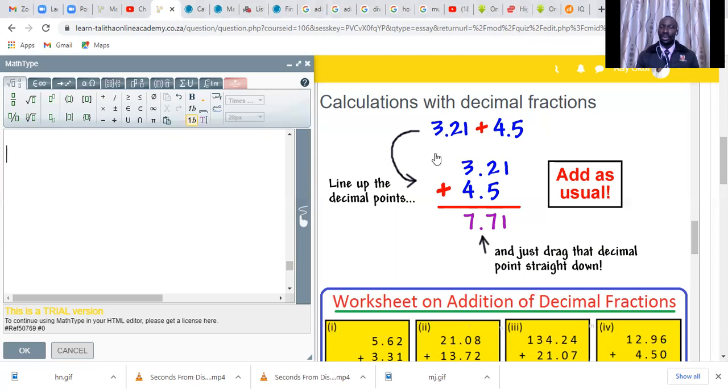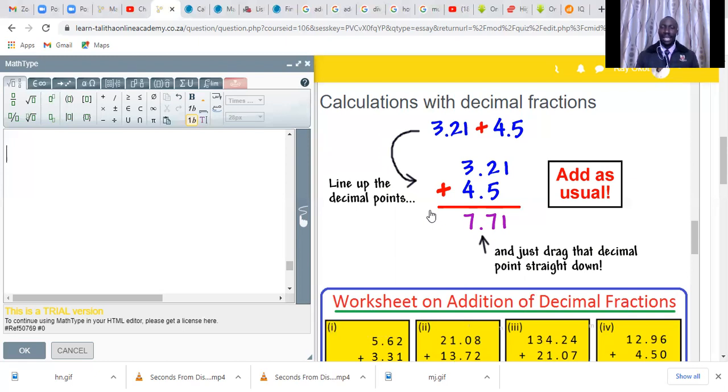This 4, which is under 1s, will fall here under 3. This 5, which is under a 10th, will fall under this 2, so that we have this. So this is the alignment that we need to do before anything can be done. And we say you line up the decimal points, okay? That is step 1, lining up the decimal points.